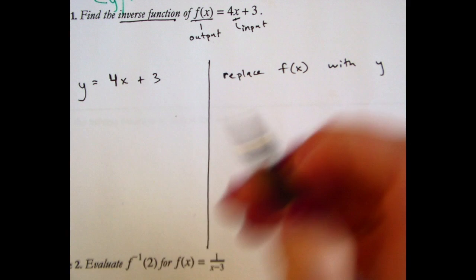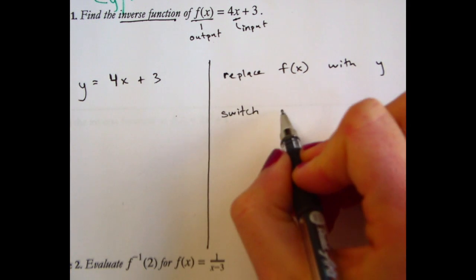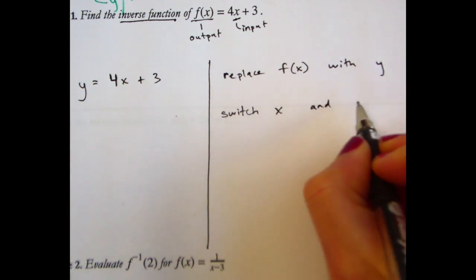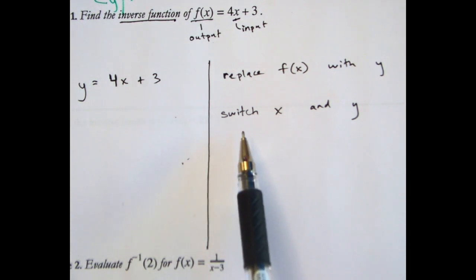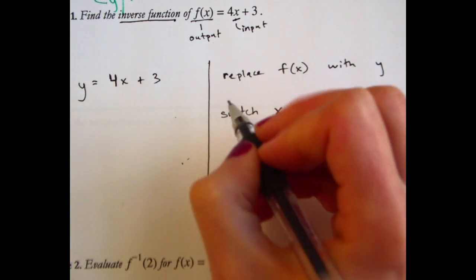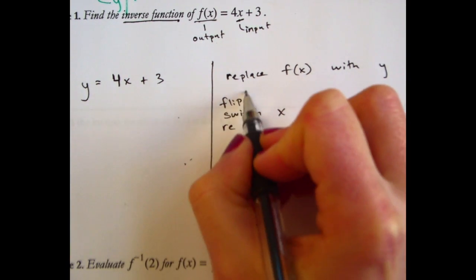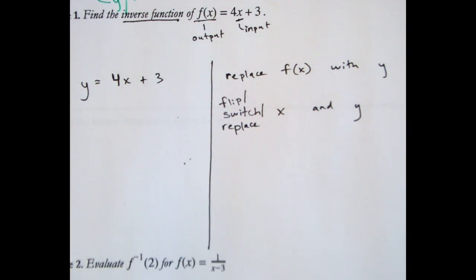So now, to find the inverse function, we're going to switch x and y. If this word switch is weird to you, some other things you could think of, you're flipping x and y, you're replacing x and y, whatever verb works for you here.